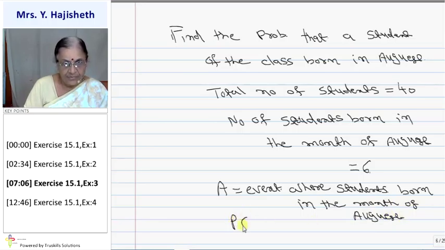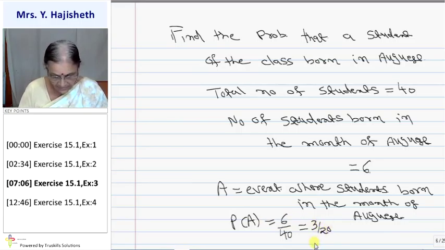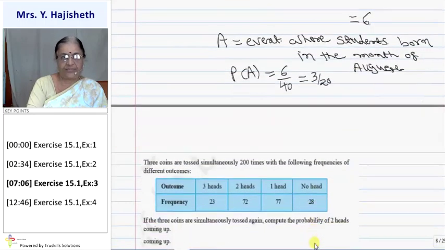P(A) is 6 by 40. So it is 3 by 20. Clear? Clear? So that completes your sum number 3.